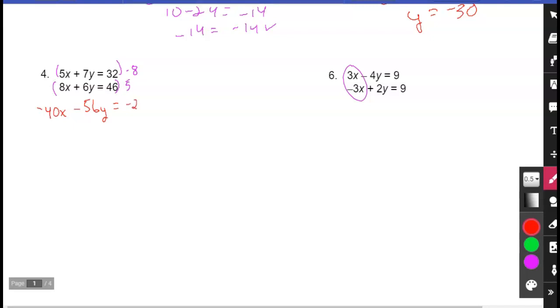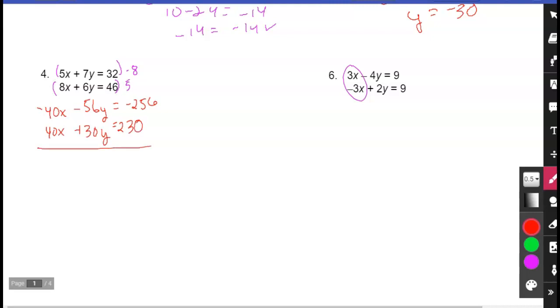So you have negative 256. Down here, 8 times 5 is 40x plus 30y. 5 times 46. Again, break that apart into 2. 5 times 40 is 200. Plus 5 times 6, 30. So that should equal 230.